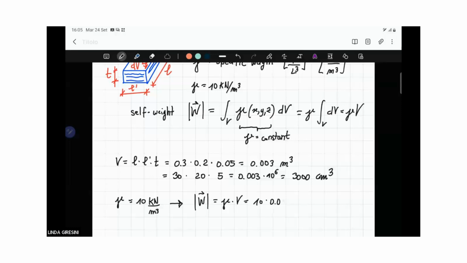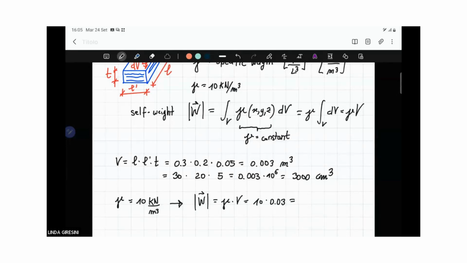So we'll use this. And what is the result? 0.3. Yes, I forgot one. Yes, sorry. The result is 0.03. Perfect.